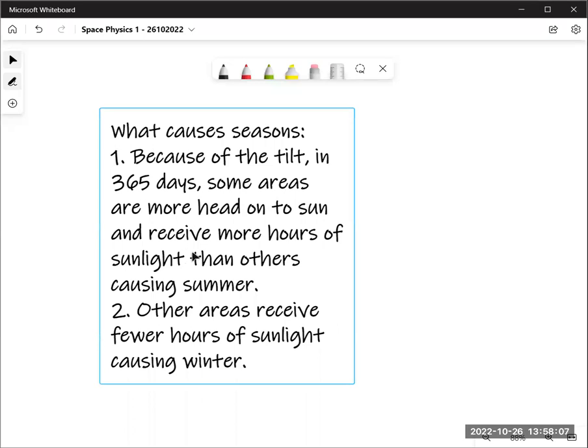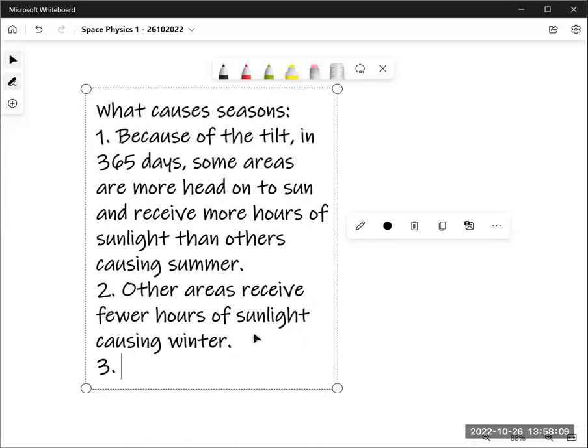May I read from the beginning? Okay. What causes seasons? Because of the tilt in 365 days, some areas are more head onto sun and receive more hours of sunlight than others, causing summer. Other areas receive fewer hours of sunlight, causing winter.